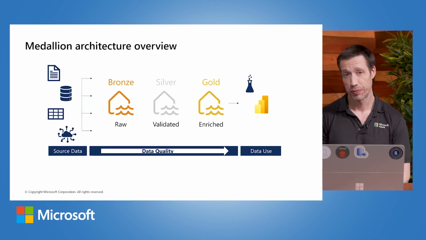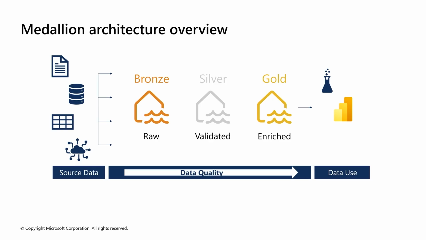Let's go. Data lakehouses in Fabric are built on the Delta Lake format, which natively supports ACID, atomicity, consistency, isolation, and durability types of transactions. Within this framework, the medallion architecture is a recommended data design pattern used to organize data in a lakehouse logically.